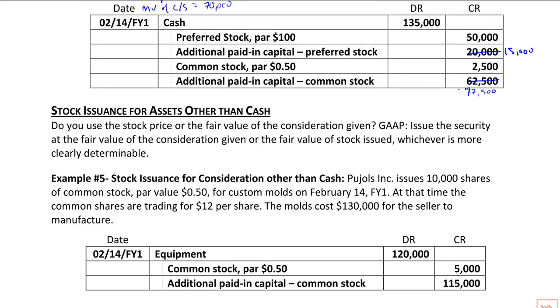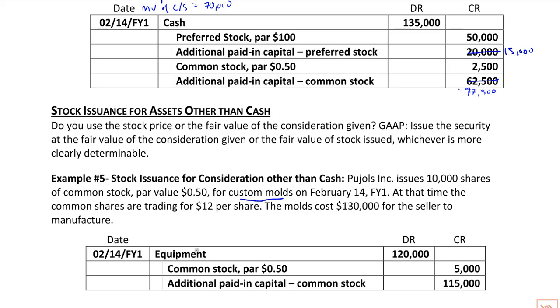Stock issuance for assets other than cash, you pick the most reliable fair value. Sometimes it's the common stock, and sometimes it's the other than cash asset. In this case, they issued common stock for some molds. So these are for some manufacturing process.